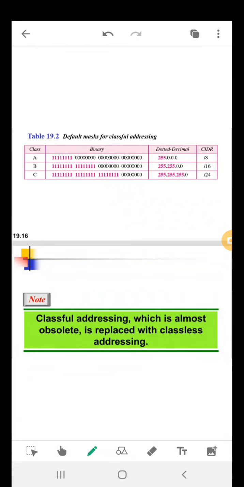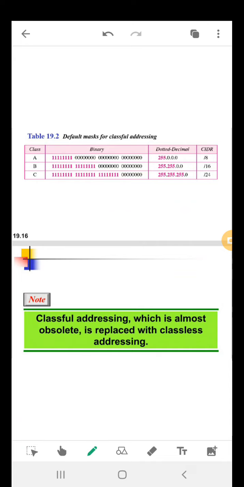In case of classful addressing, we know how many octets give us the network address, and how many octets give us the host address. So finding its mask address is not difficult. Like for class A, the first octet defines the network ID, so the first 8 bits are 1 and the remaining bits are all 0.